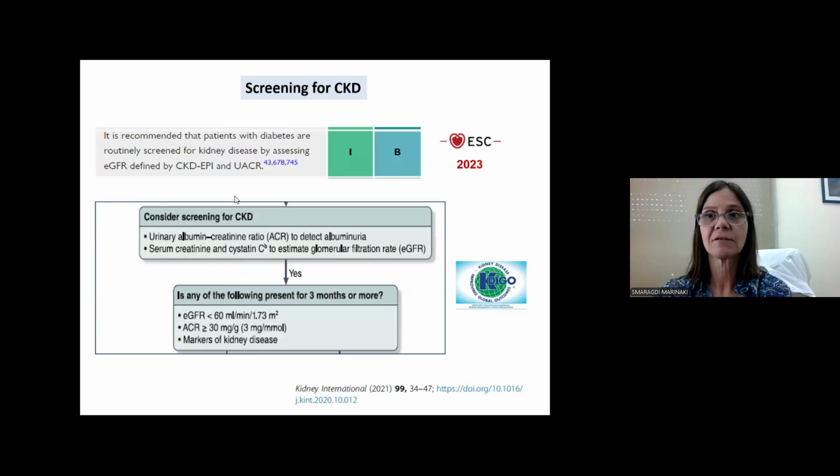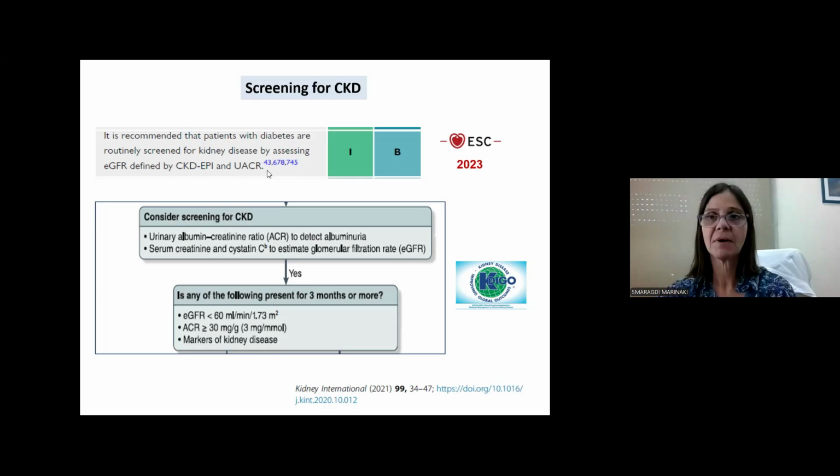to screen for CKD. We have to screen all diabetic patients, and this is depicted in the recently updated guidelines of the European Society of Cardiology, 2023, and is strongly recommended. You see the recommendation is level 1B, that all patients with diabetes are routinely screened for CKD by assessing eGFR by the CKD-EPI formula and UACR.